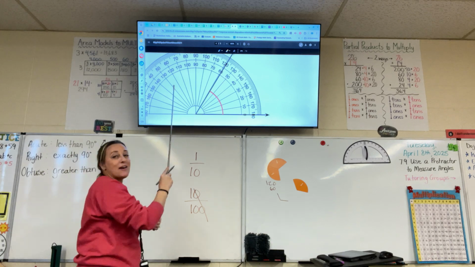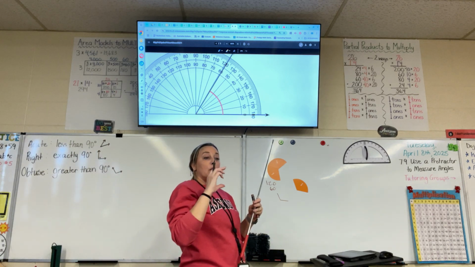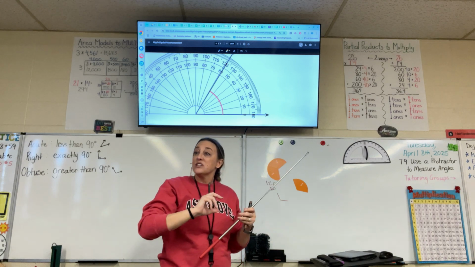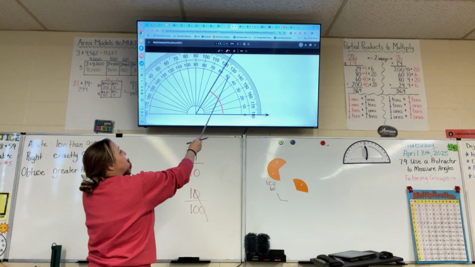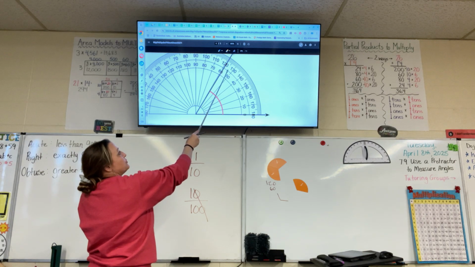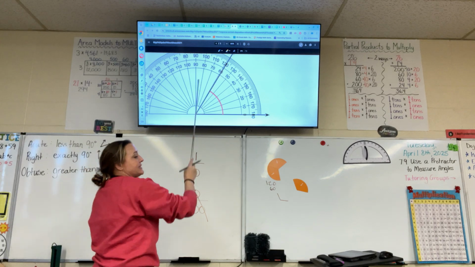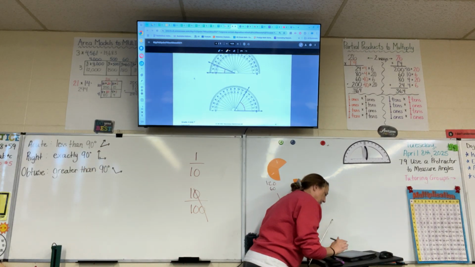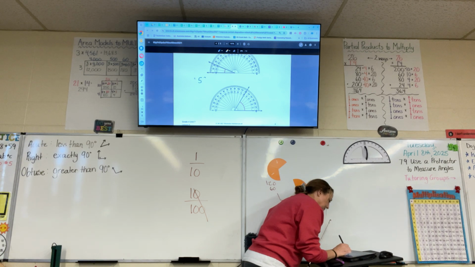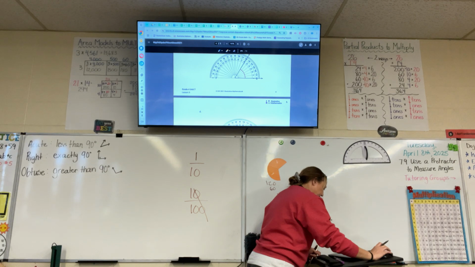So you have to look at the two numbers on either side that are the small ones. So we're looking at 50. So this line falls between 50 and 60. It's 1 degree away from 60. That means it's 59. Good job, Evan. Okay. 59 degrees. Okay. Then we have D.